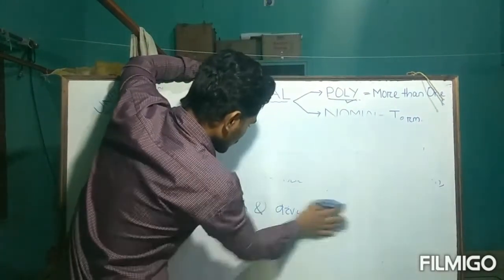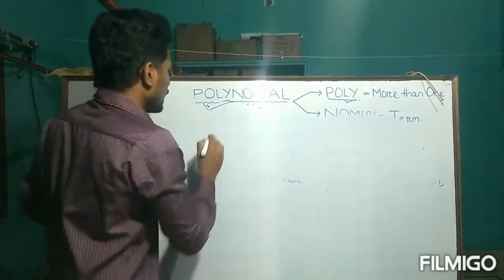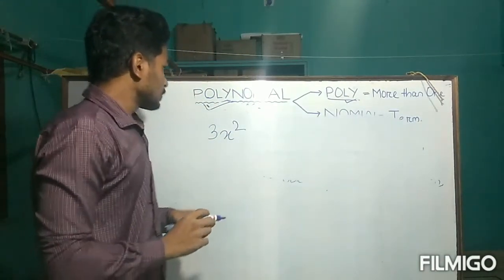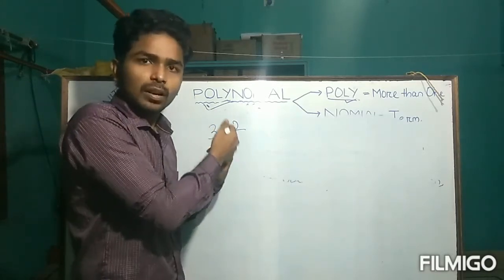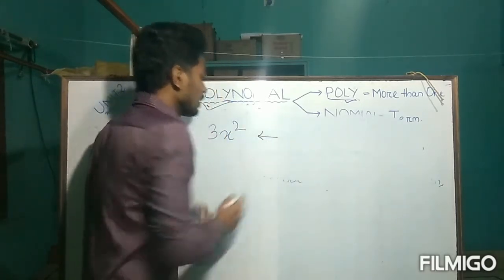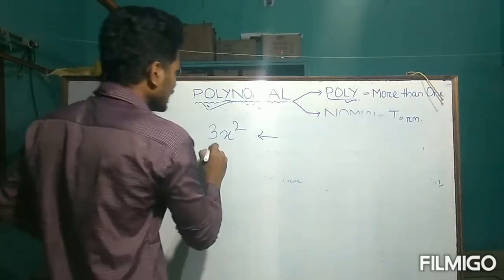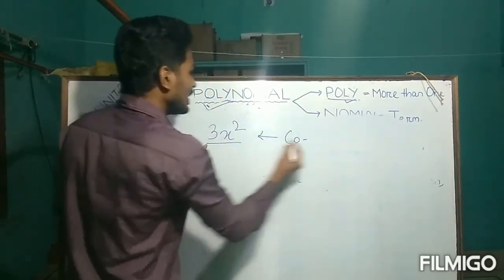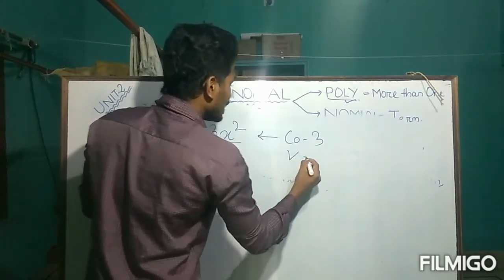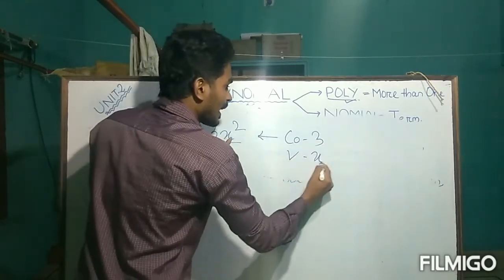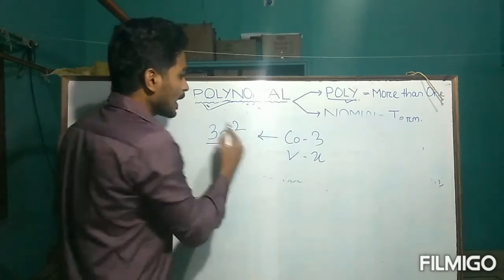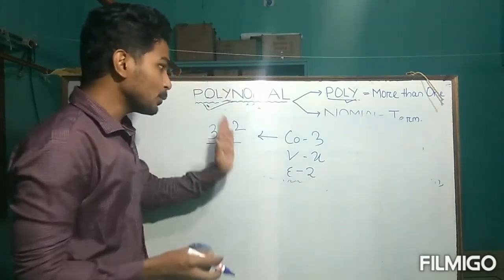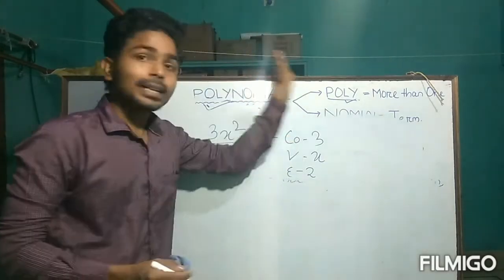Suppose 3x square. Should we call it a polynomial or not? Here the coefficient is 3, the variable is x, and the exponent is 2. So we have to compare it with the definition.